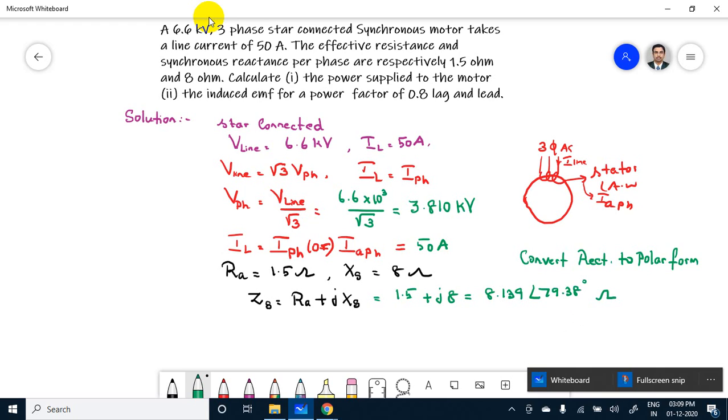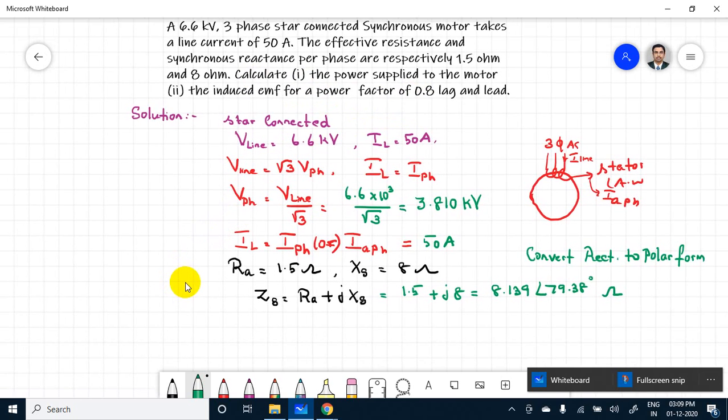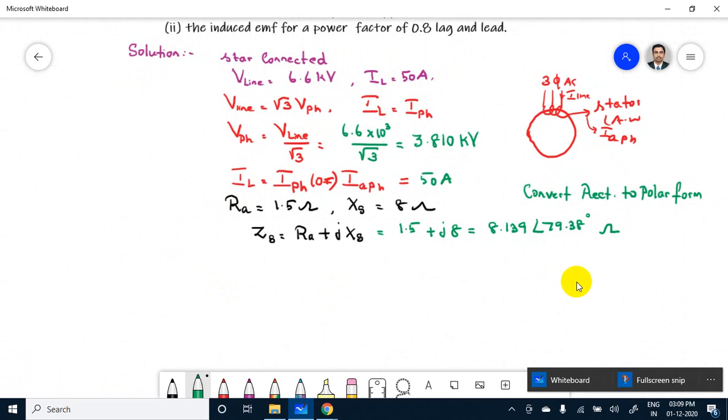Now we'll get into the problem. Now what are you going to calculate? Calculate power supplied to the motor. That is my first part. Now we'll see one by one.